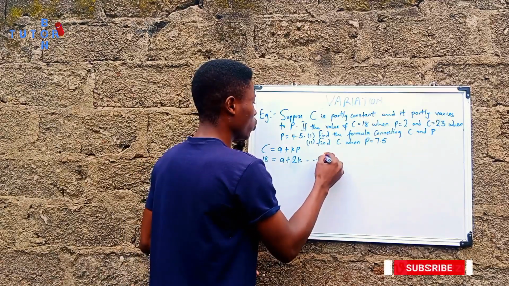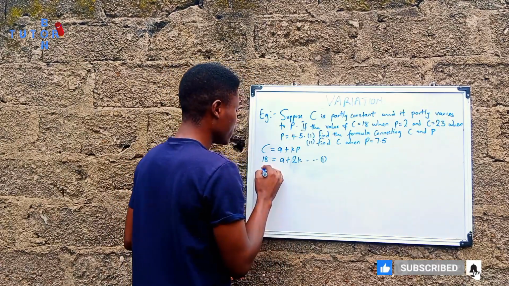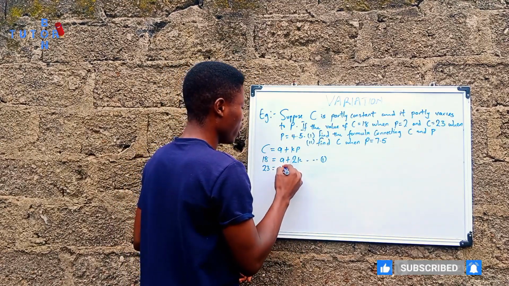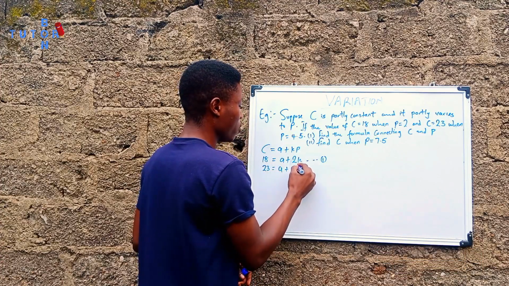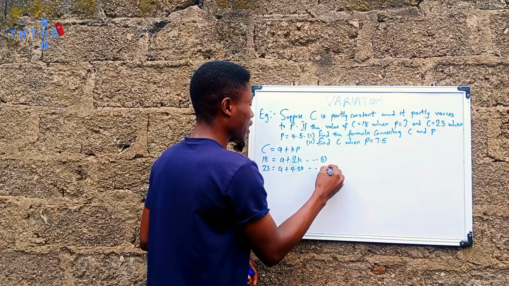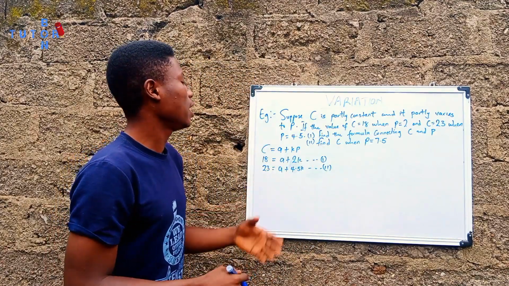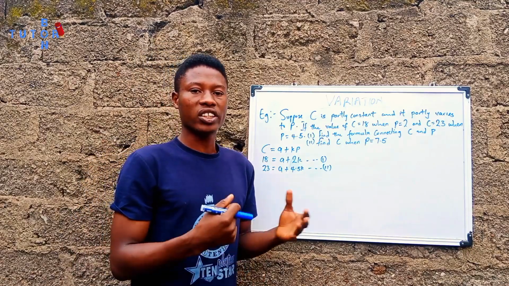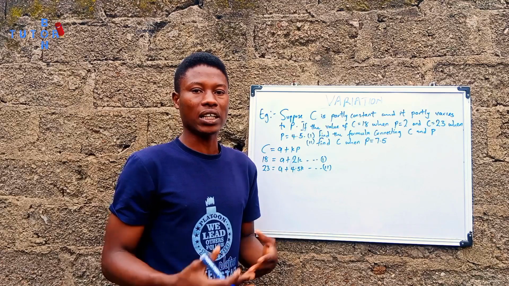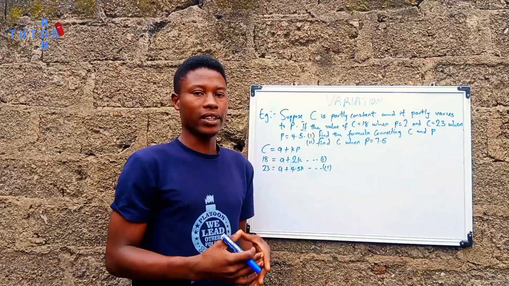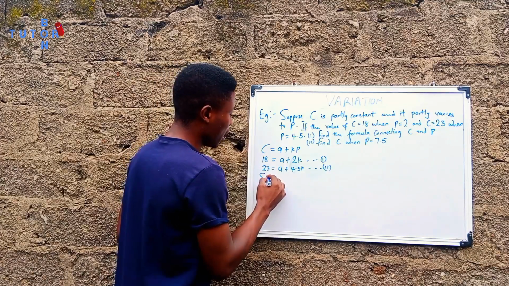Let this be our equation 1. And we can also have another equation when C equals 23: 23 equals A plus 4.5K. And that is our equation 2. Automatically, we've derived what we call simultaneous equations, which means we'll be solving two equations that have two unknowns at the same time.